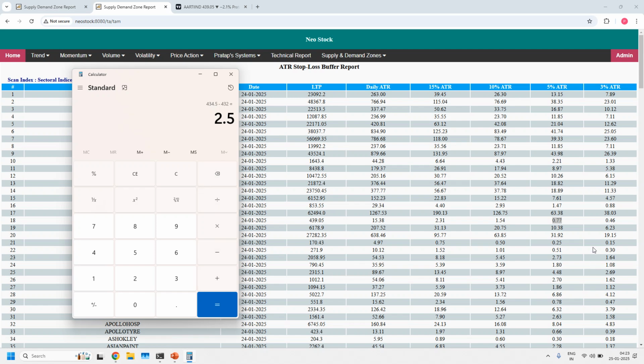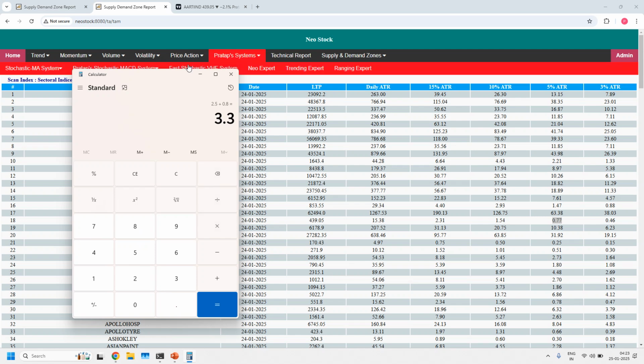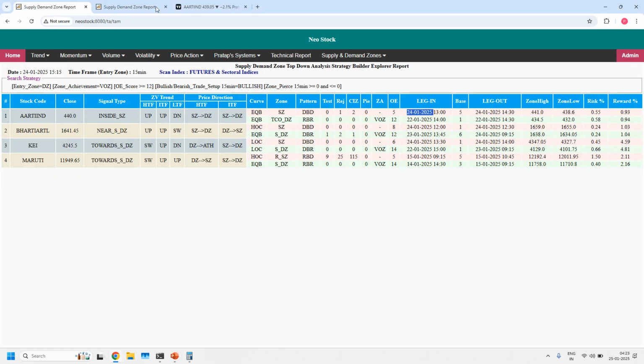If you add stop buffer, the round value we have to use, maybe 0.80. 2.5 plus 0.8, so you are handling 3 rupees 30 paise, ₹3.30 risk.